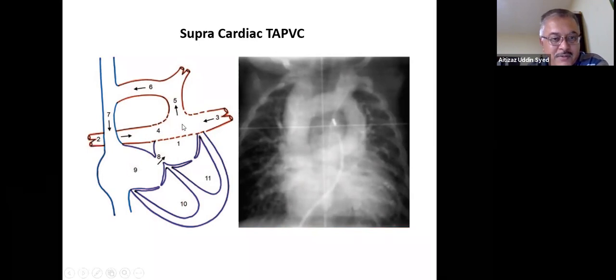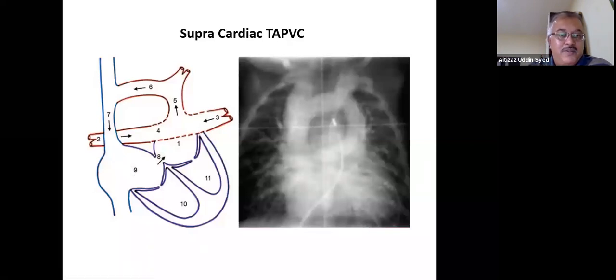So this is the cartoon drawn: veins from the right side and veins from the left side join together into a common confluence. The confluence goes as an ascending or vertical vein up, which joins the innominate vein, just where the left SVC is coming, and then this innominate vein goes to join the right superior vena cava and goes into the right atrium.